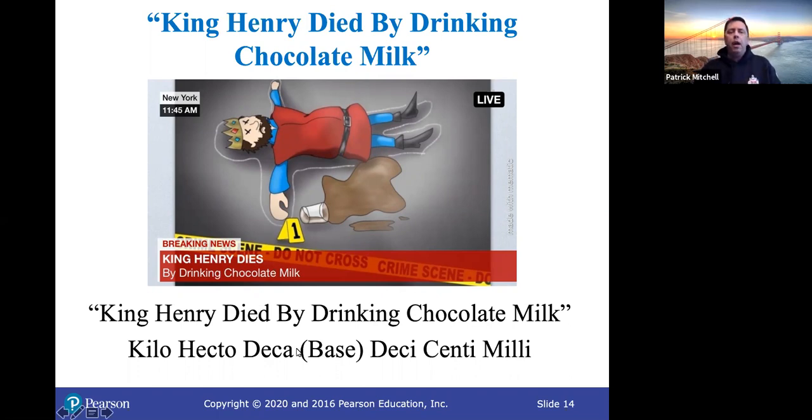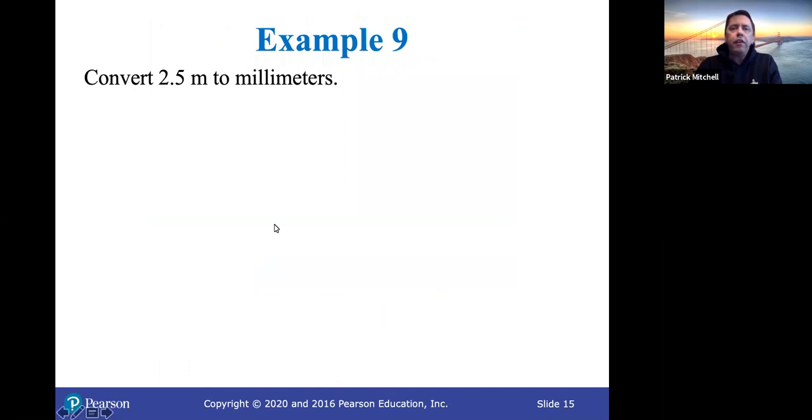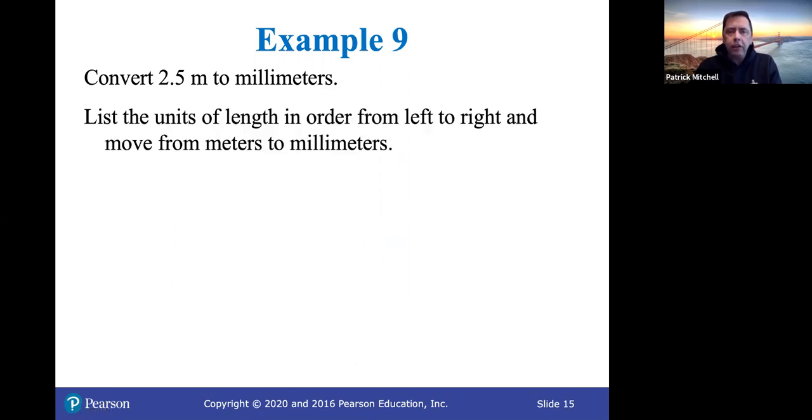Let me show you how this works for converting between metric units. For example, if you're trying to convert 2.5 meters to millimeters, you use King Henry died by drinking chocolate milk. The base unit is meters. Then locate meters and millimeters.